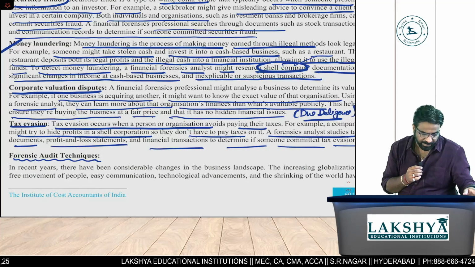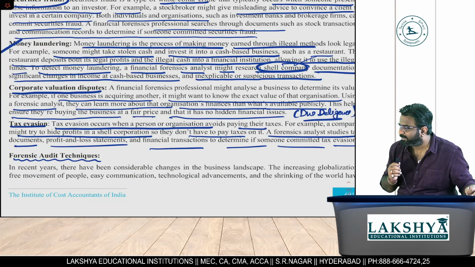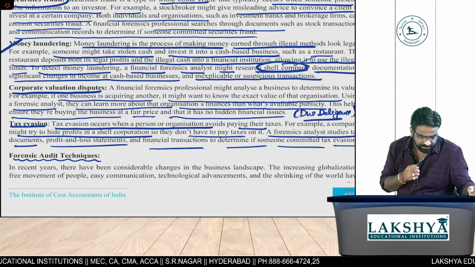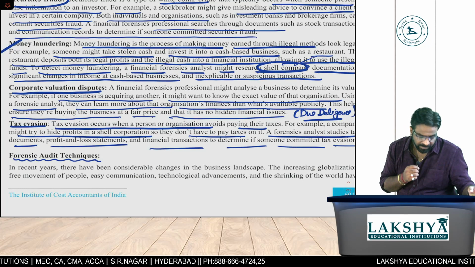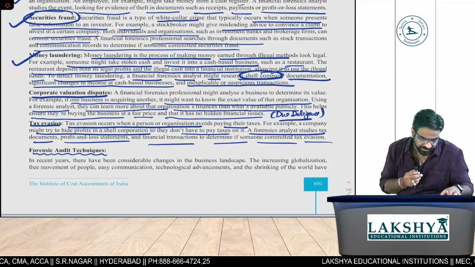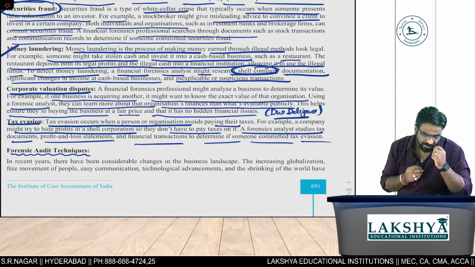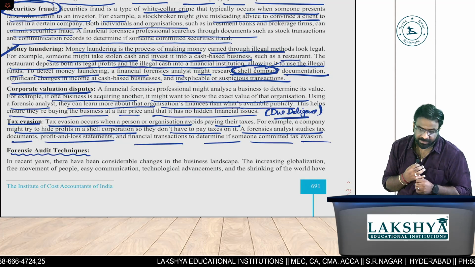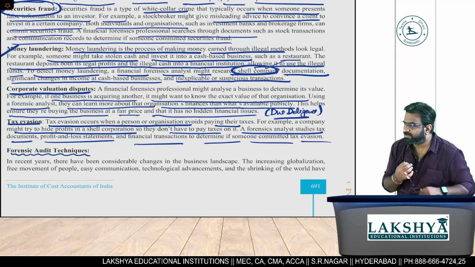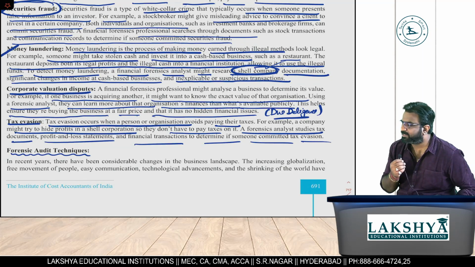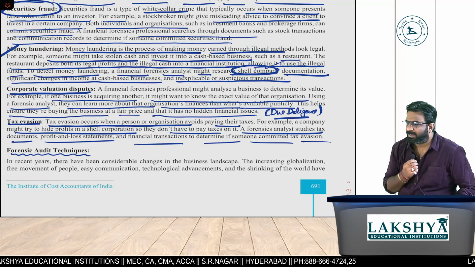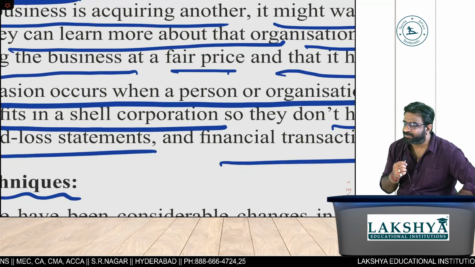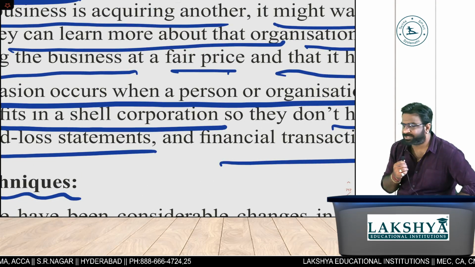Next one is tax evasion. It occurs when a person avoids paying their taxes and hides his profits in shell corporations.